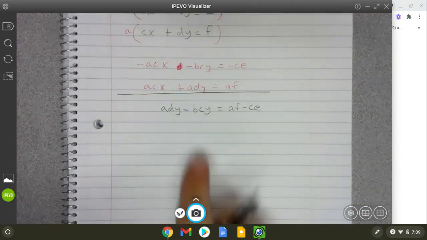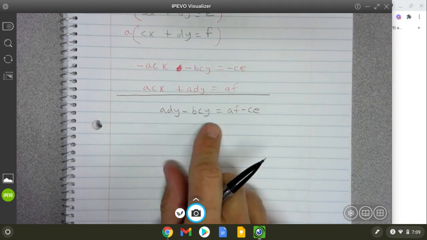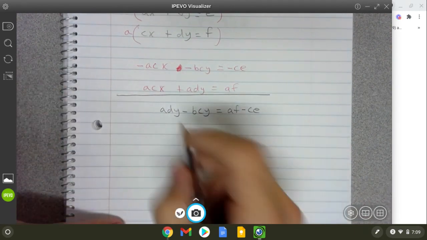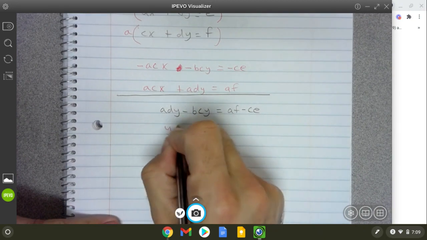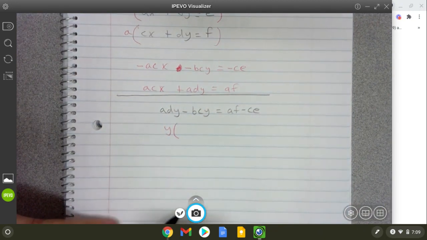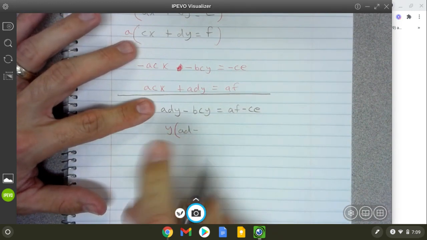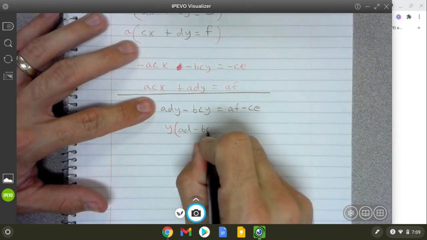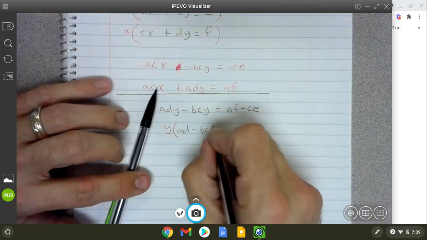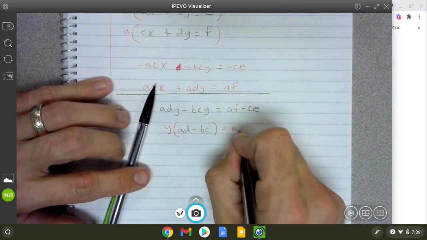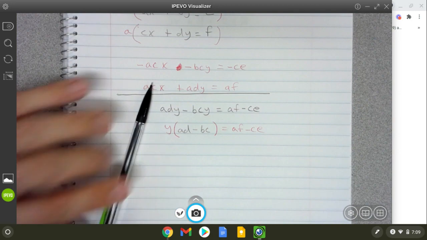I'm going to solve for y. Notice that these two terms have a y in them, so I'm going to factor the y out, and that's going to leave me with an AD minus BC. And we still have the same thing over here.